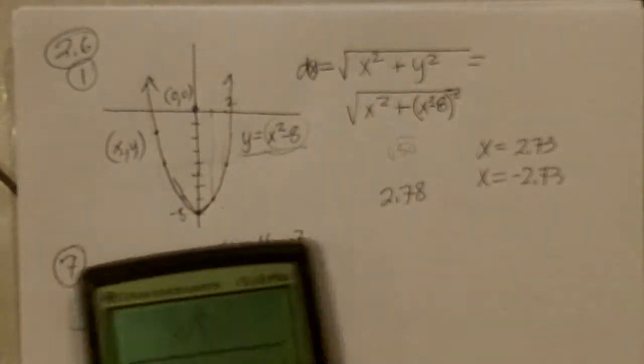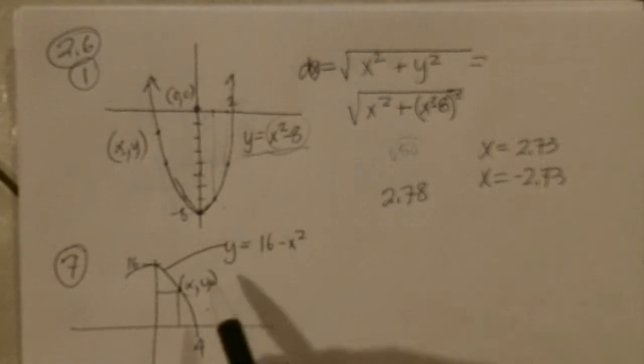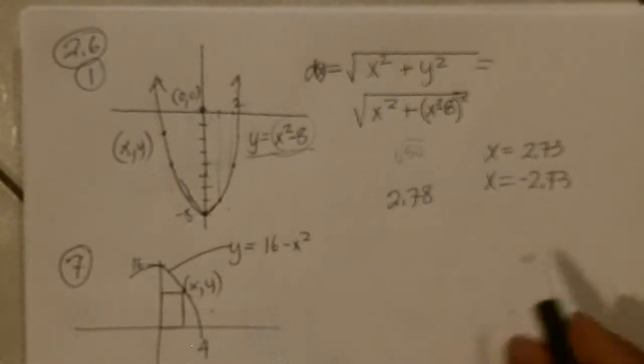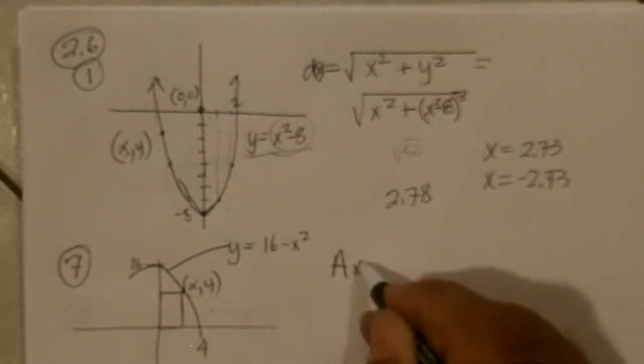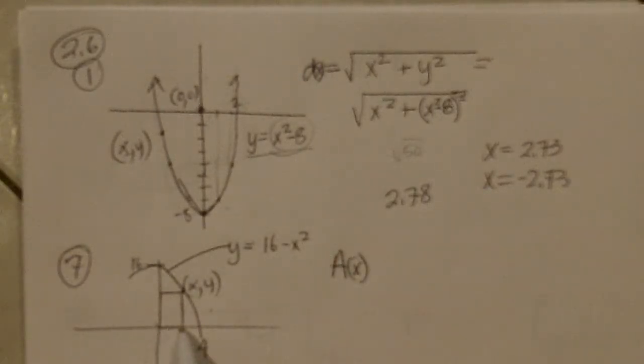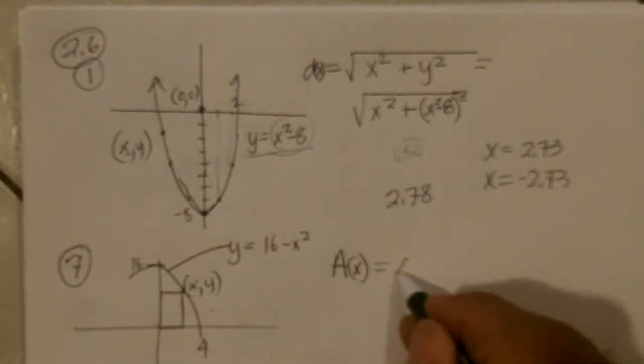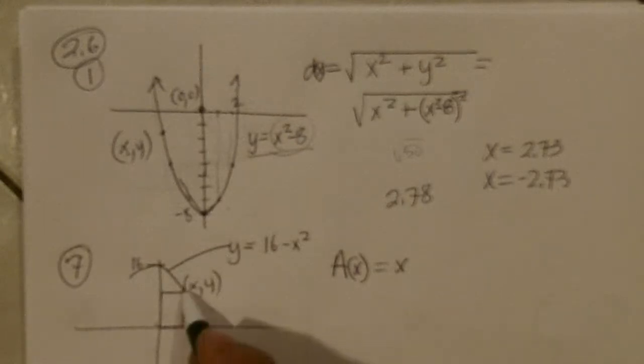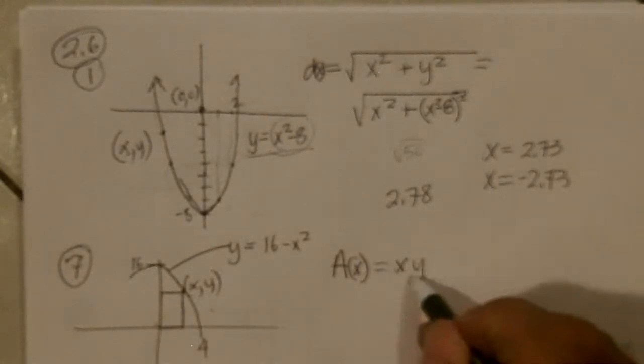in both cases. Next one says find the area of this rectangle as a function of x. Well, a rectangle is base, which it says it's over x. According to that point, it's x. Width times height, or length times width, and the height is y.